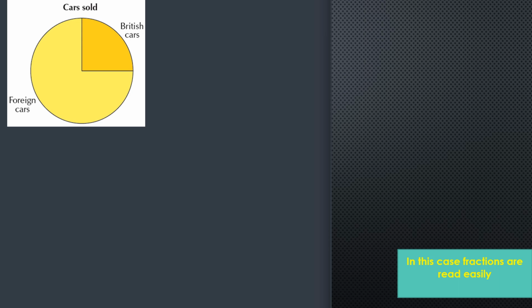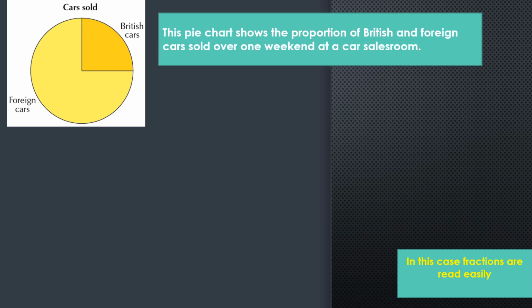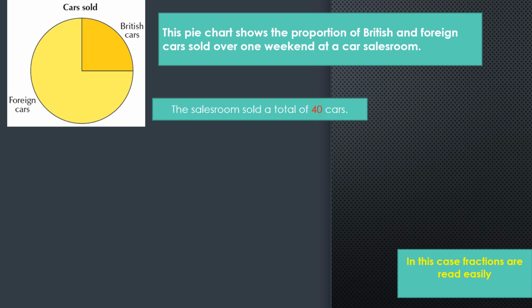For example, this exercise shows the proportion of British and foreign cars sold at a car sales room. They gave you the total number of cars sold, which is 40. If you look at the pie chart, you don't have angles and you don't have fractions. But you can easily read the fraction here.